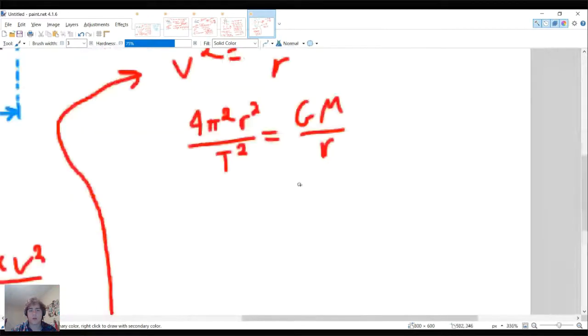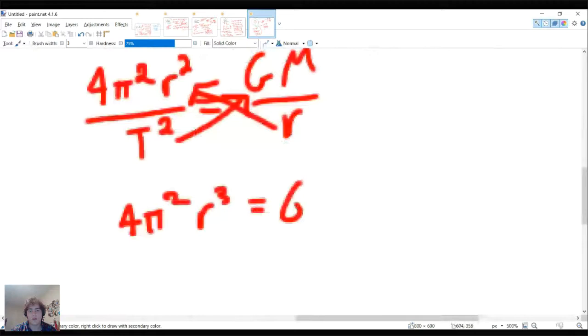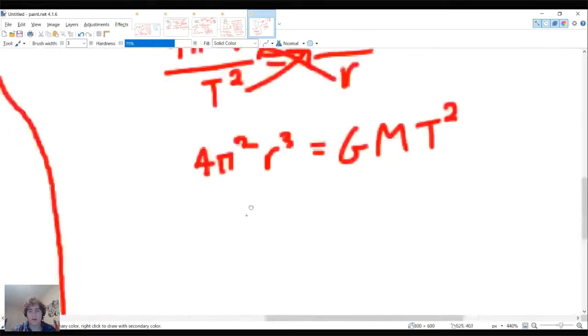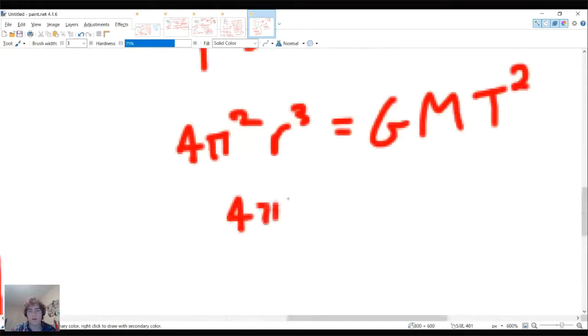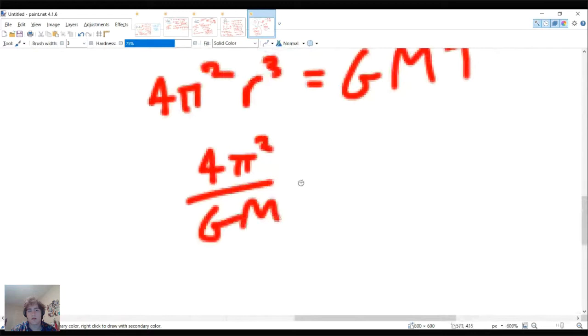We're going to cross multiply again. 4 pi squared r cubed is equal to big G, big M, big T squared. And now dividing both sides by GM, we get 4 pi squared r cubed over GM is equal to T squared.